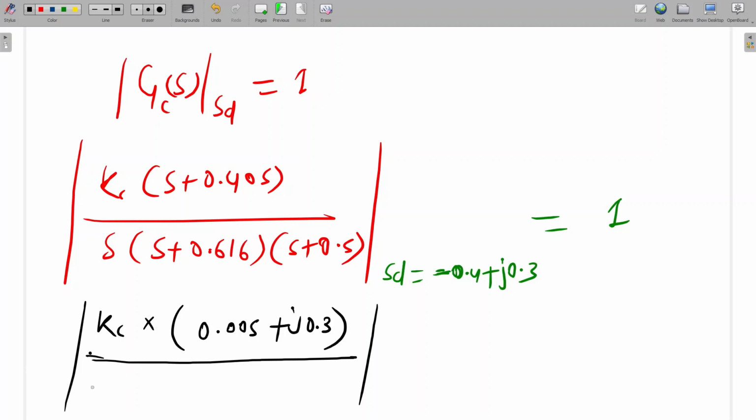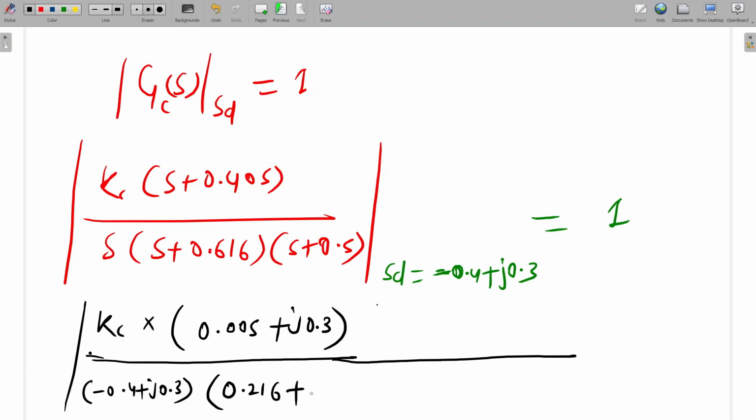What will be the second one? The second term, that 0.616 is there. So 0.616 minus 0.4, how much? 0.216. So 0.216 plus j 0.3. And what will be the third one? 0.5 minus 0.4, 0.1 plus j 0.3.